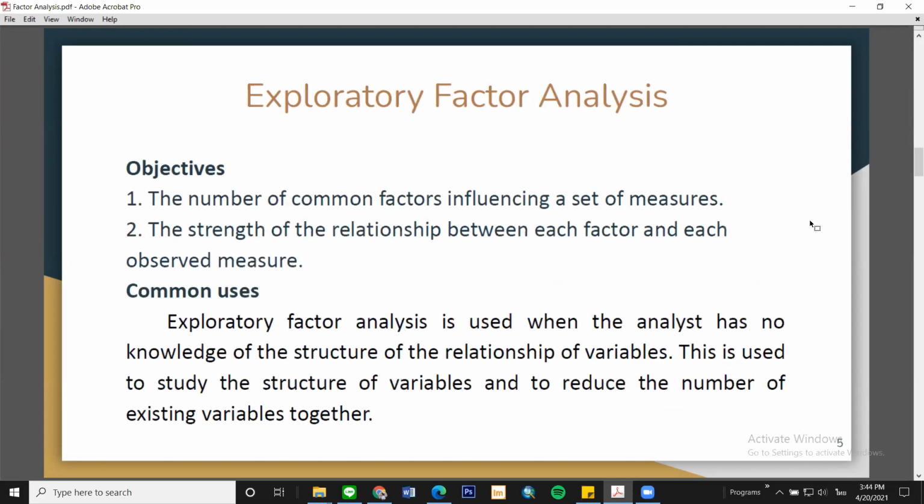Normally, we use exploratory factor analysis when we do not have knowledge of the variables, their structure and their relationships. So we use this method to study the structure of variables and reduce the number of existing variables.